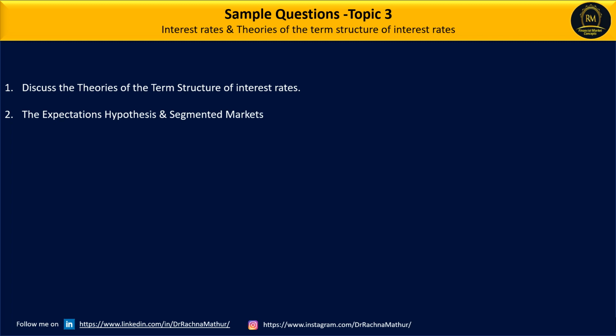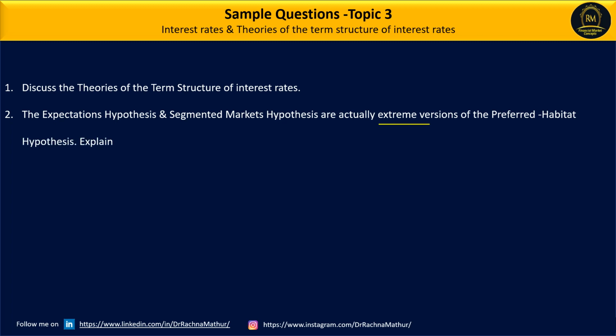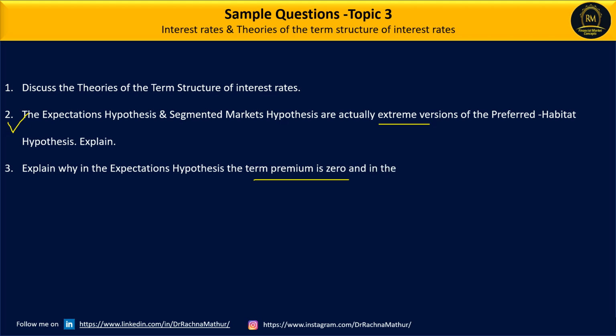Next is, the expectation hypothesis and segmented market hypothesis are actually the extreme versions of the preferred habitat hypothesis. Explain. So this is very important. Explain why: in the expectation hypothesis, the term premium is zero, and in the segmented market hypothesis, the term premium is infinite.